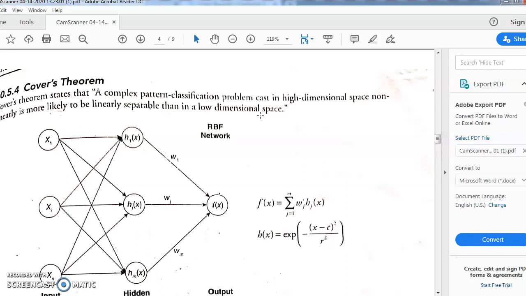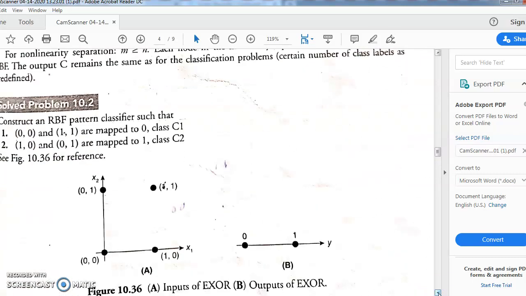That is why that problem is called a complex problem. Why? Because we cannot classify that particular pattern. What do we mean by complex pattern classification? See this example: it is the XOR gate, and we have to classify 0 0 and 1 1 into one class, and 0 1 and 1 0 into another class.